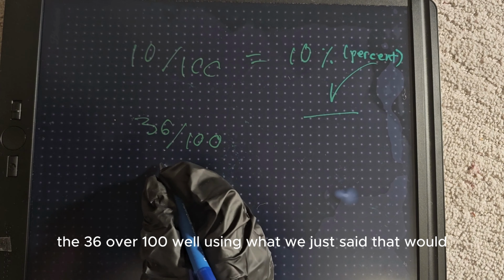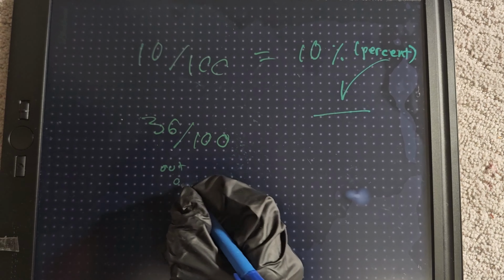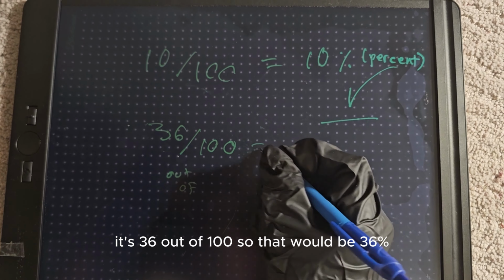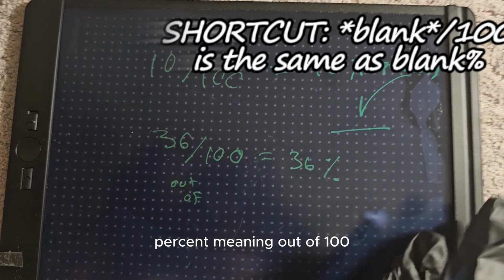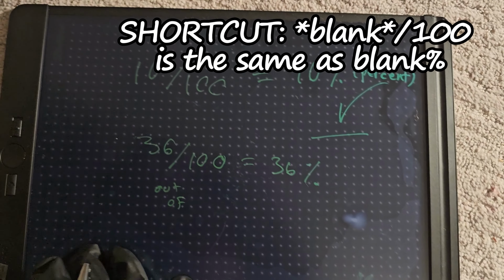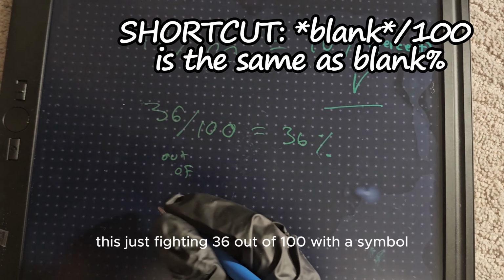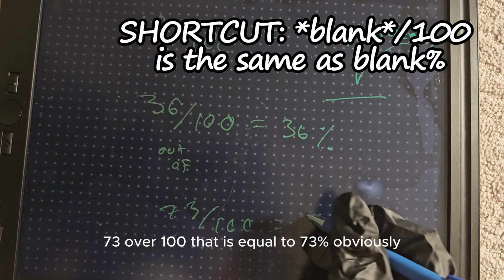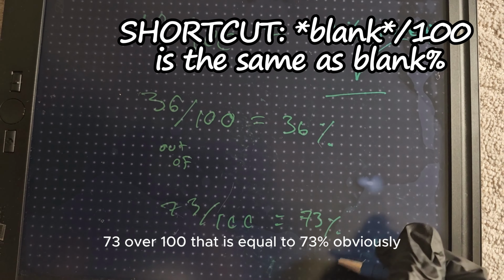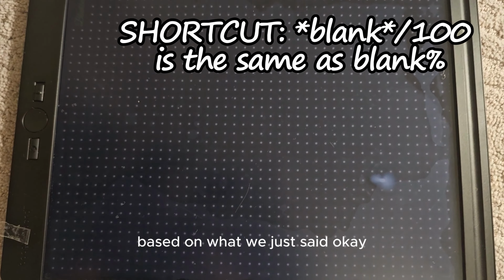Well, using what we just said, it's 36 out of 100, so that would be 36%. Percent meaning out of 100. In other words, this is just writing 36 out of 100 with a symbol. 73 over 100. That is equal to 73%, obviously, based on what we just said.